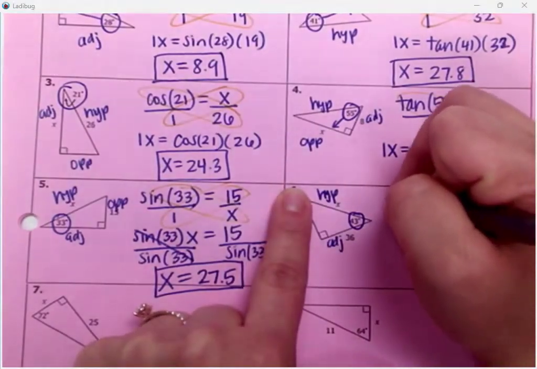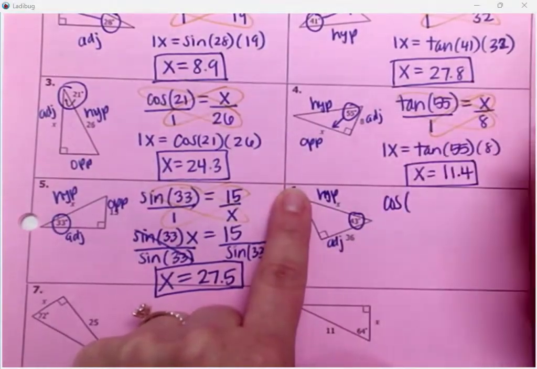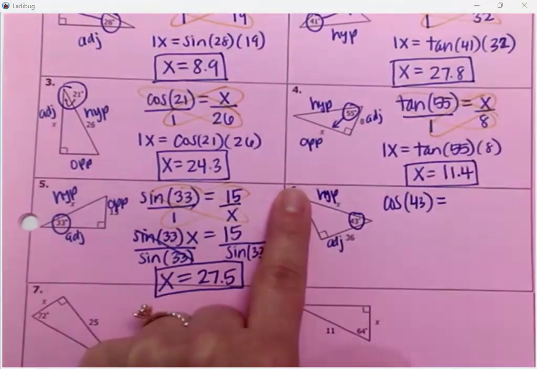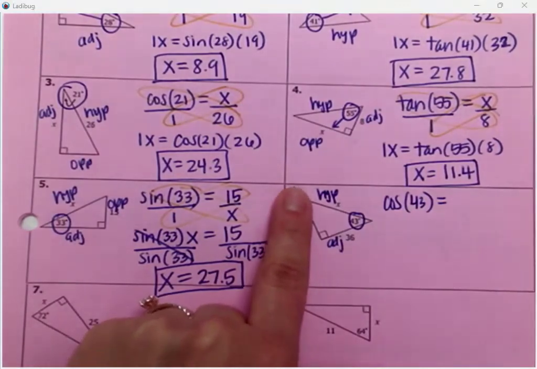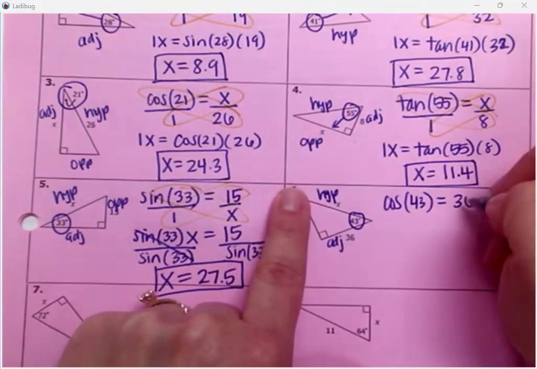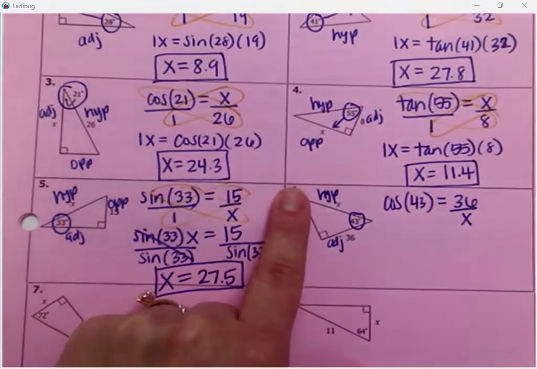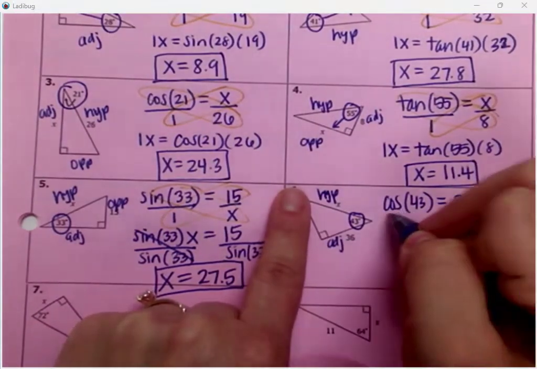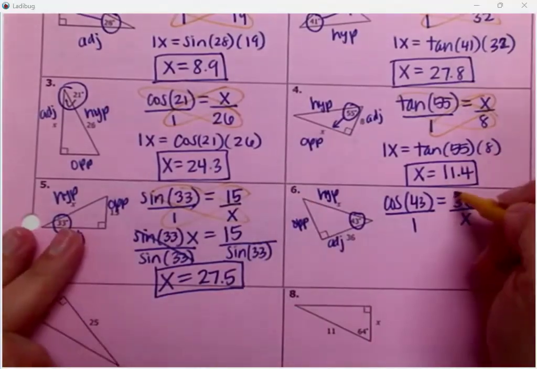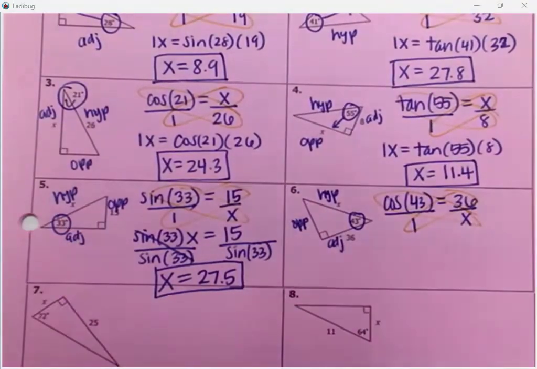So I have cosine of 43, because that's my angle, equals, how do I set up the ratio? Adjacent over hypotenuse, which is 36 over x. Now I put this over 1, and I'm going to cross multiply.